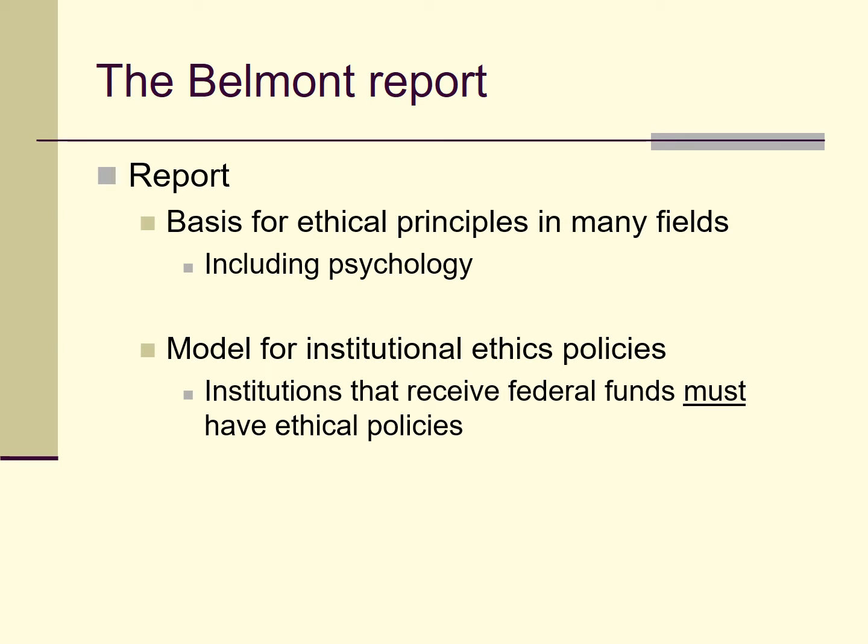Now this report is the basis for many sets of ethical principles in other fields, including psychology. And as we'll see in a couple more slides, the ethical principles that the American Psychological Association promotes are built largely off of those in the Belmont Report.